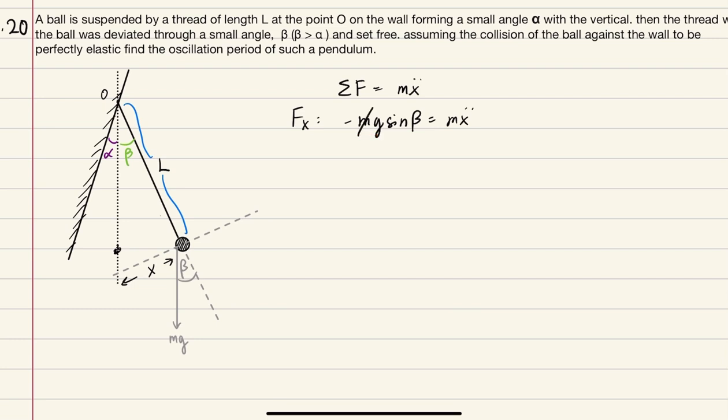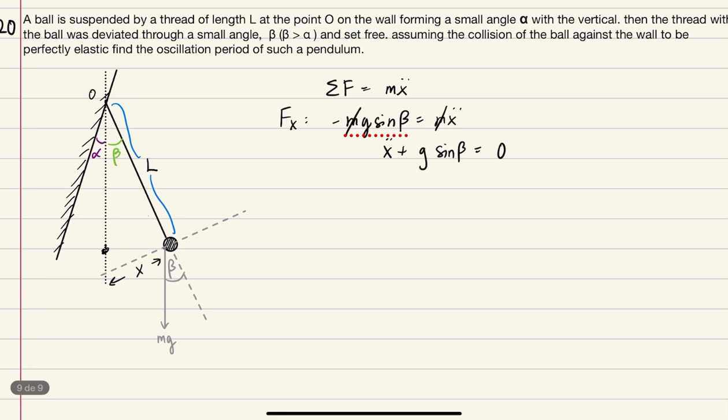So m cancels out, and we get acceleration plus g sine beta equals 0. Okay, but beta, we said, was a small angle.